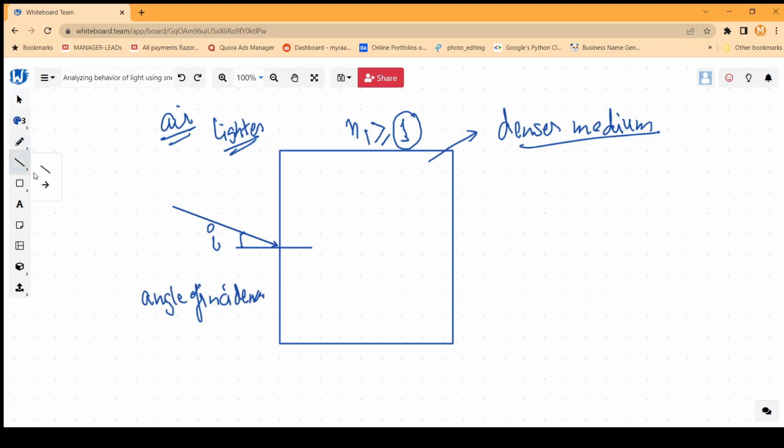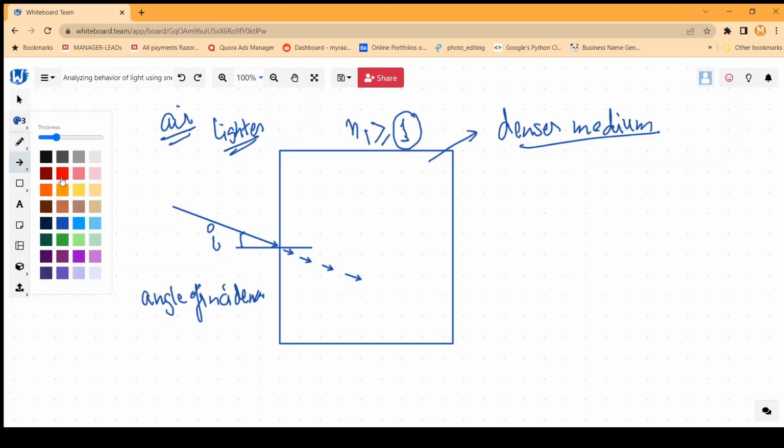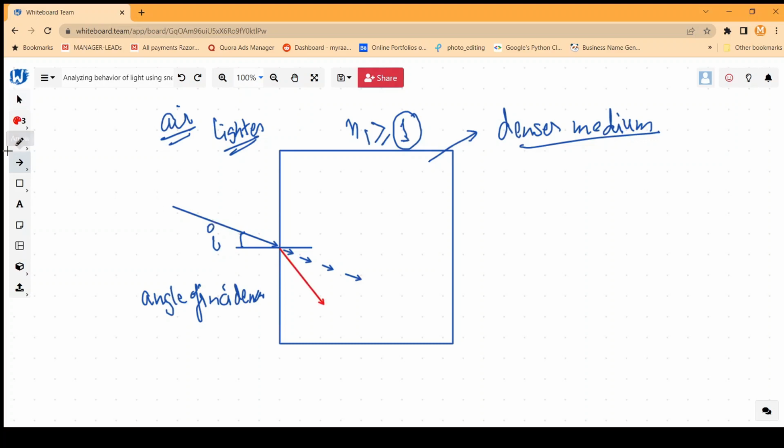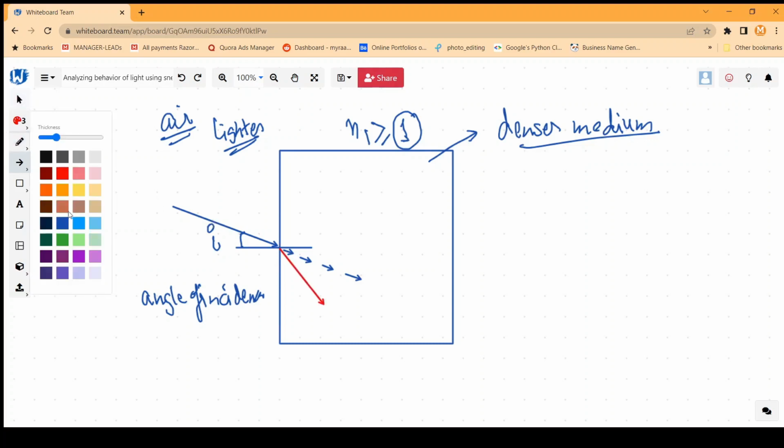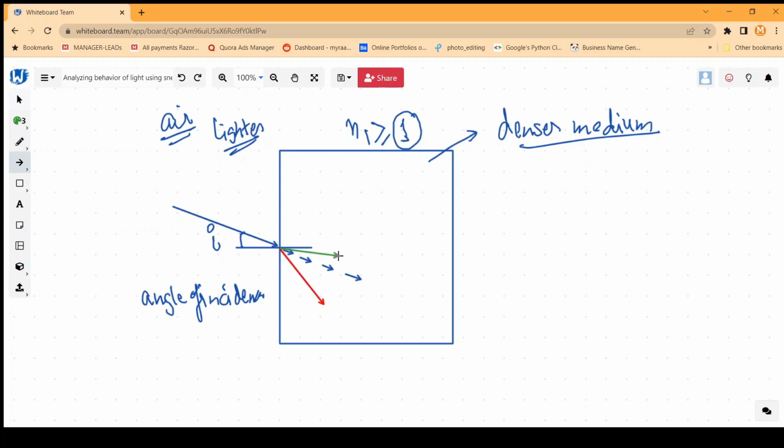Now, can we simply predict how this light ray is going to go? So if there was no refraction, basically it will go straight like this in the same direction. But there is going to be a refraction, so it will not move in this direction, but it is a denser medium. So can you guess if the light will bend here or towards the normal like this?